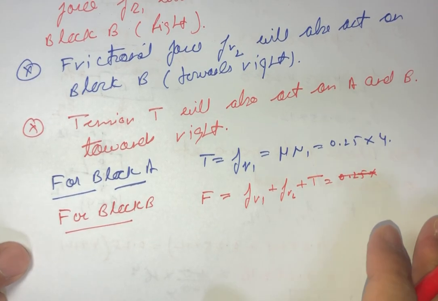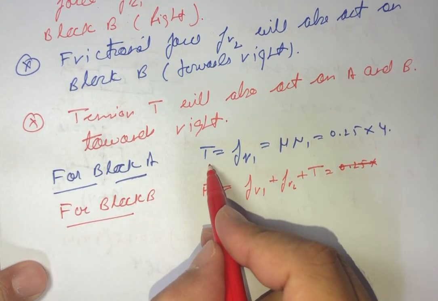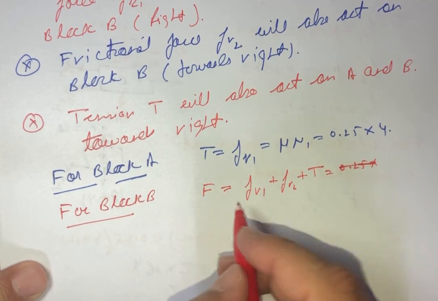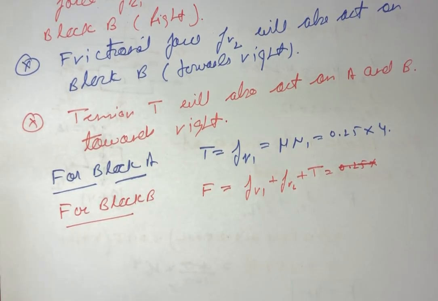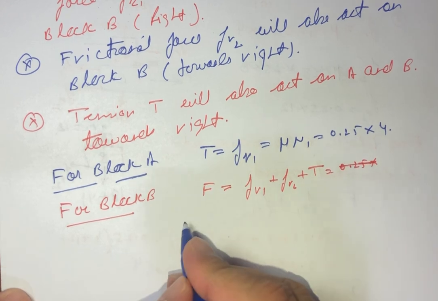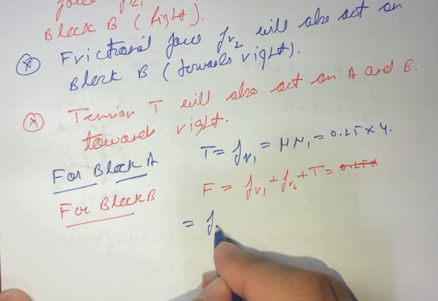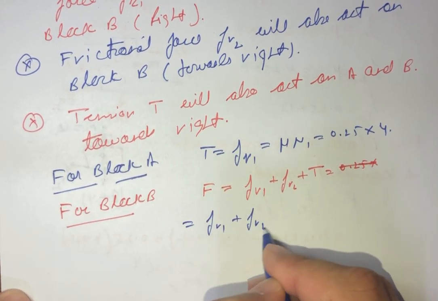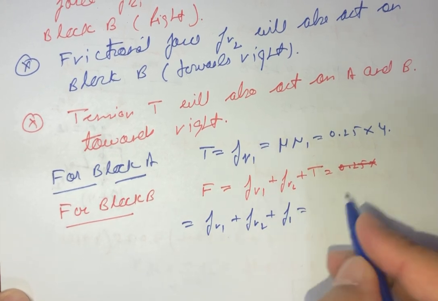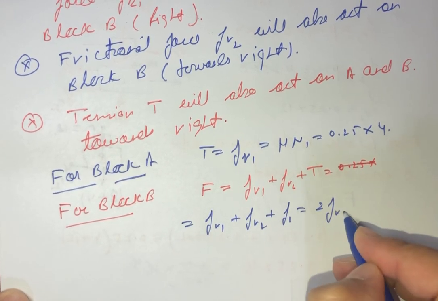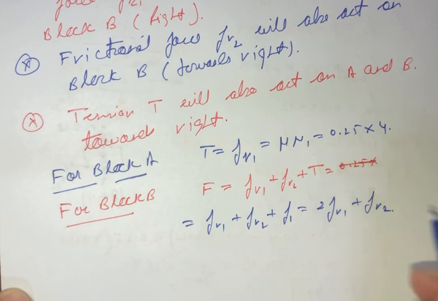Let me solve it the other way. Fr1 is equal to T. So in T we can substitute our Fr1, so we get F equal to Fr1 plus Fr2 plus Fr1, which is equal to 2 Fr1 plus Fr2.